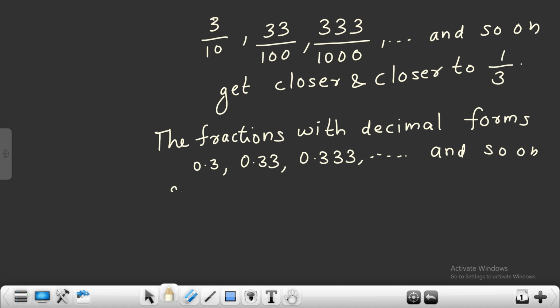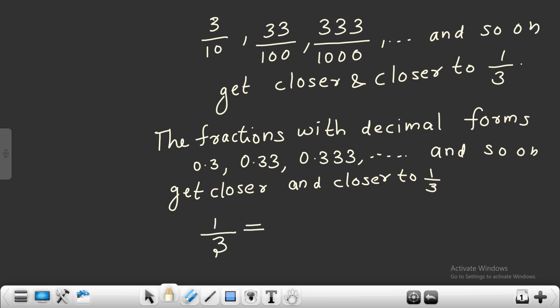Get it closer and closer to 1 by 3. So we can write 1 by 3 is equal to 0.3 repeating. The repeating digit is what? 3, 3, 3, etc.